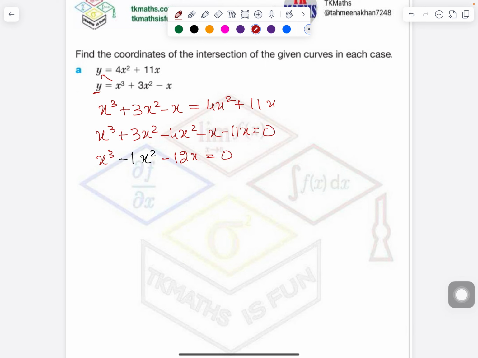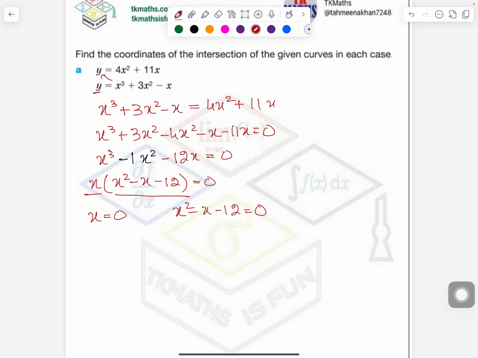Okay, now if you see, I have x cube, x square and x, and I don't have any constant. Now this case is very easy and simple to solve. Why? You can take x common out and the other factor will become the quadratic factor. And when the product of two terms, this is considered as one term and this is another term, if the product is equal to 0, it means you have to put each one of them equal to 0.